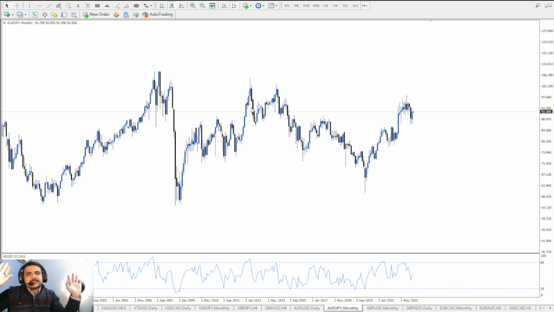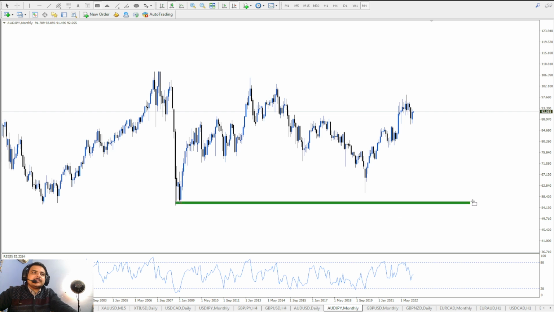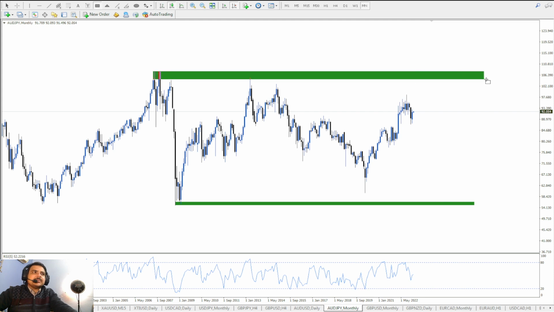The first thing I have to do is find ranges. Well, something has happened to my MT4.